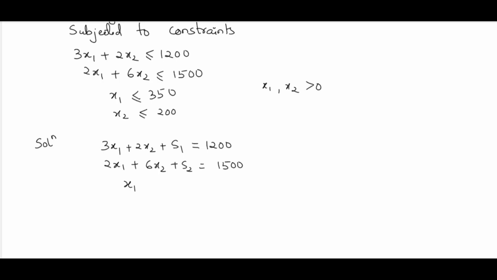Similarly, x1 plus s3 is equal to 350, and x2 plus s4 is equal to 200. So these are the four inequations we have converted to equations, where s1, s2, s3 and s4 are slack variables.